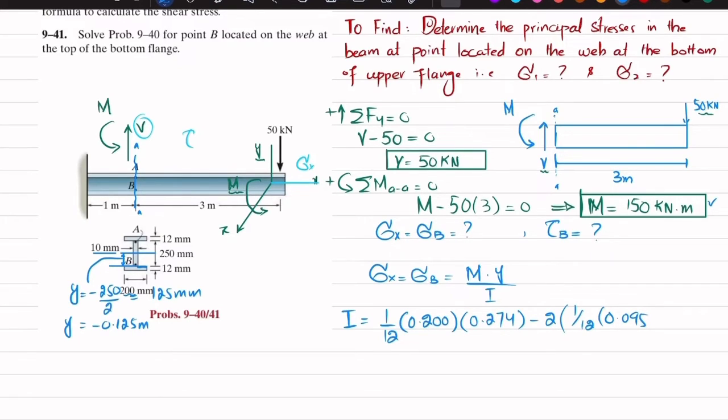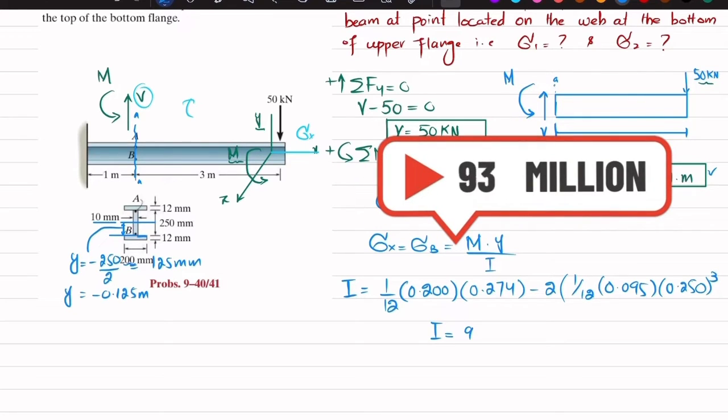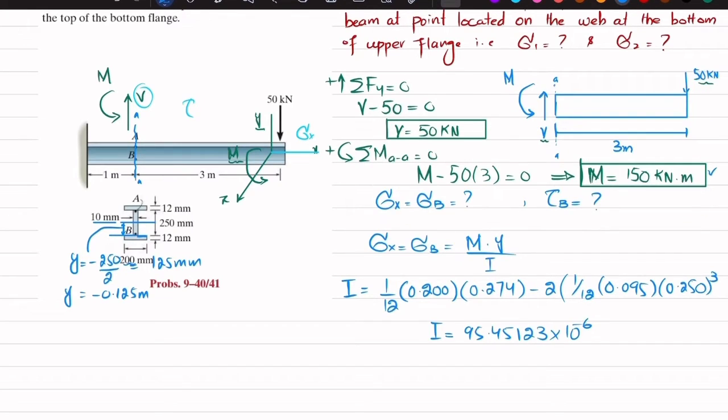And height is 250, so 0.250 whole cubed. Now when you solve this, the moment of inertia comes out to be 95.45123 into 10 raised to power minus 6 meter power 4.